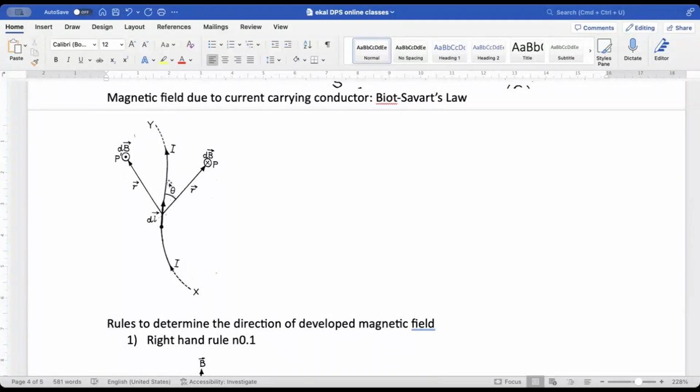So let us divide this conductor into infinitely small current elements of length say dl. And let Idl, Idl means we have considered this element dl and I is the current passing through it. So this is Idl, the current element.